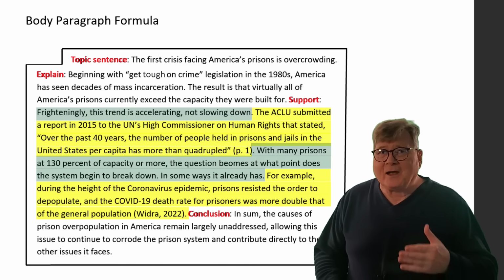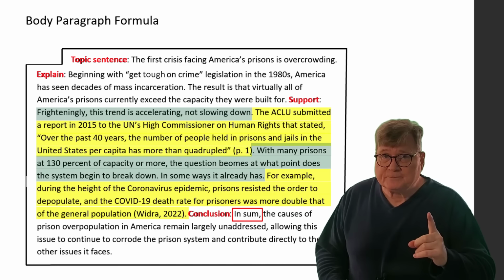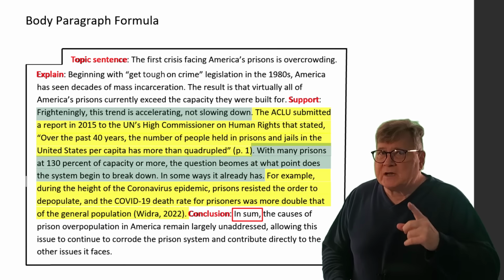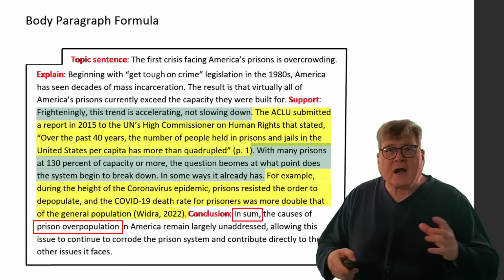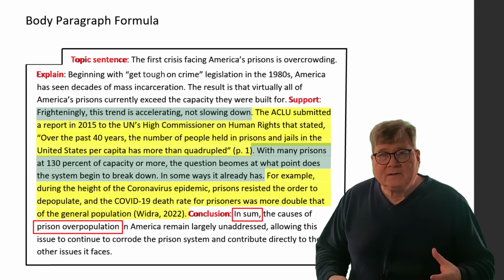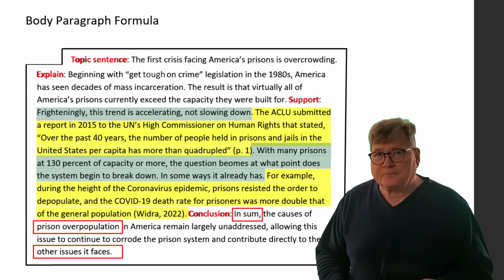So notice how that conclusion sentence is first set off by a transition. The key terms of the topic sentence were repeated, and then the gist of the entire paragraph was restated, and then came a preview of what was going to follow.